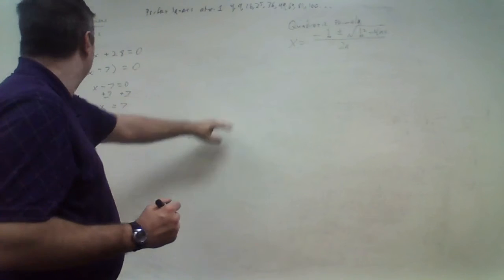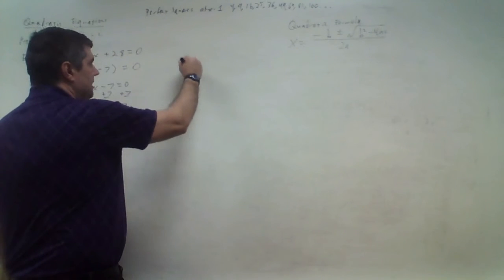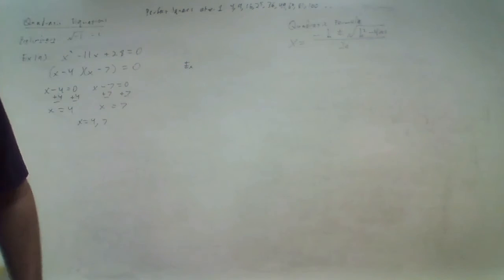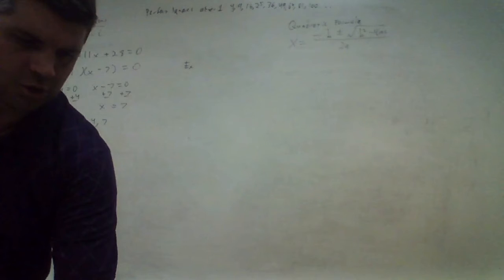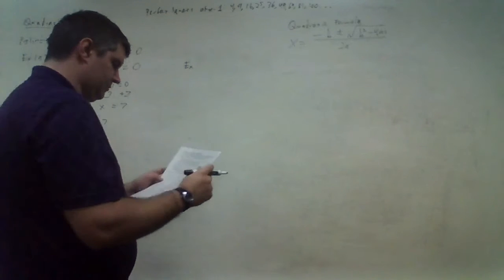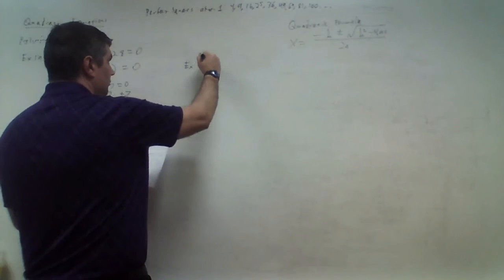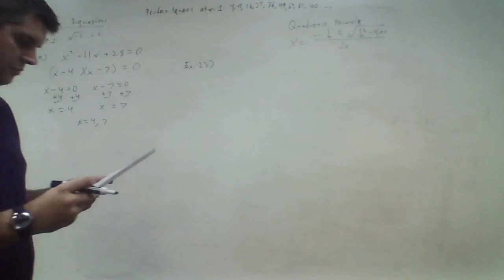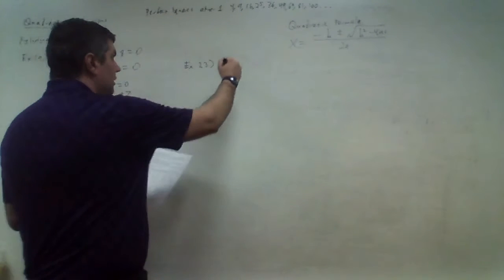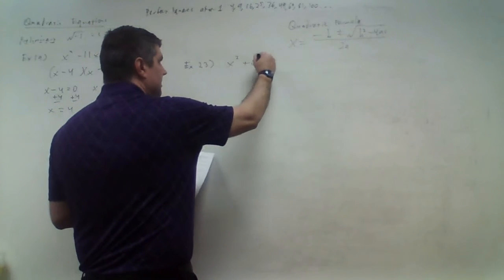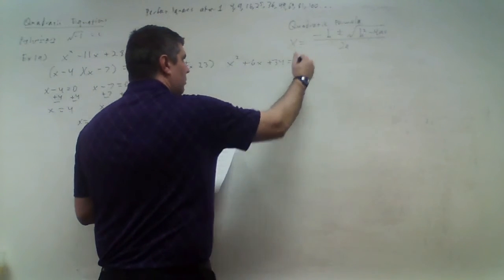Finally, example 23. X squared plus 6x plus 34 equals 0.